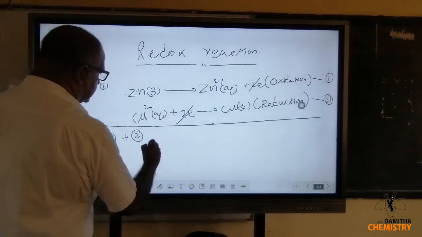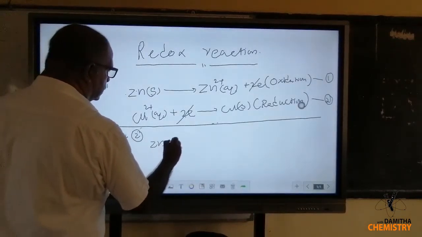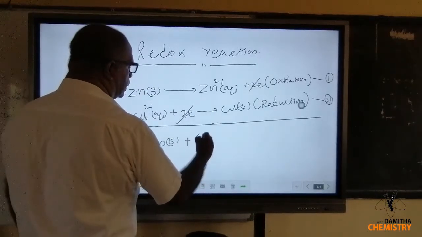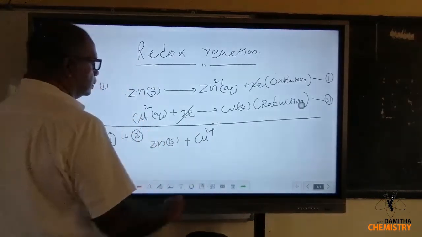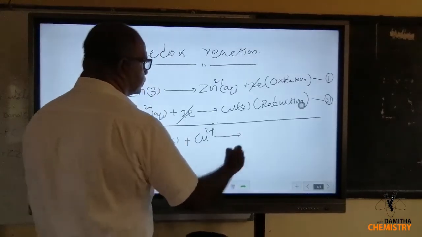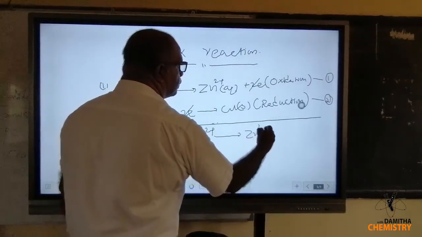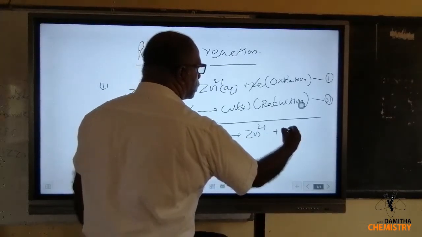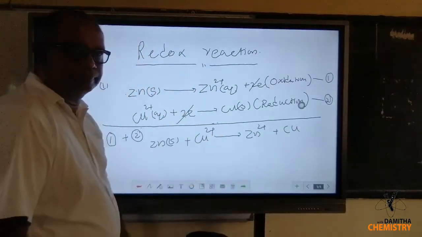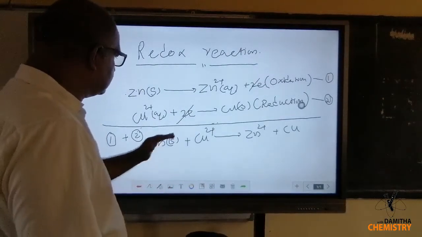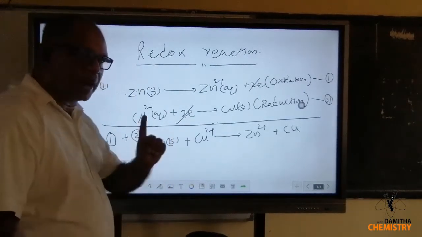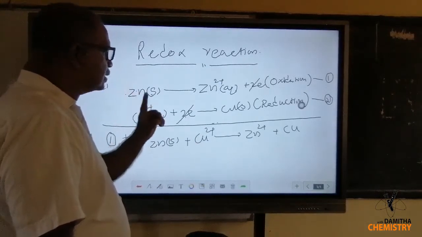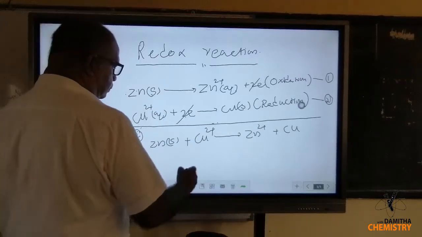The answer is Zn solid plus Cu2+ gives Zn2+ plus copper metal. That equation is correct, but physical state is very important.